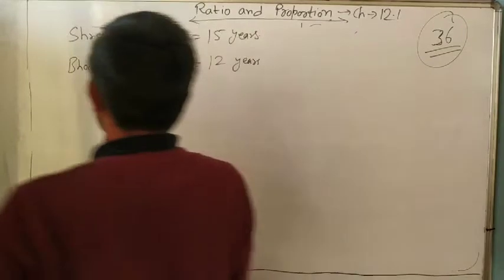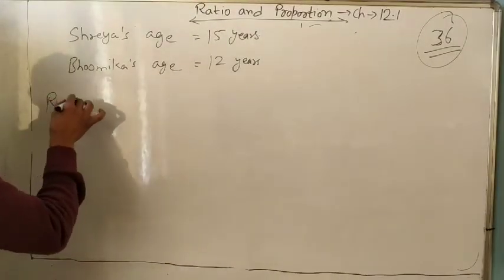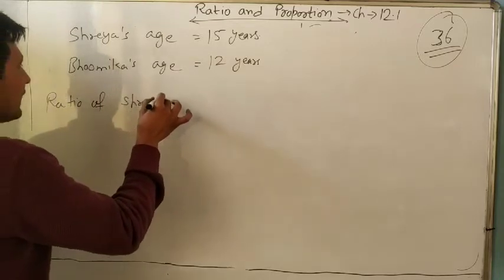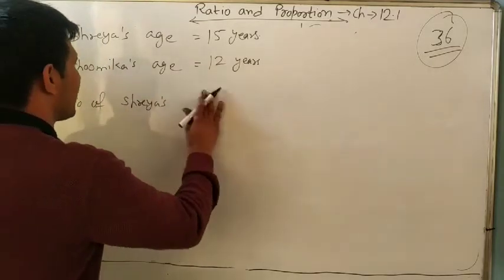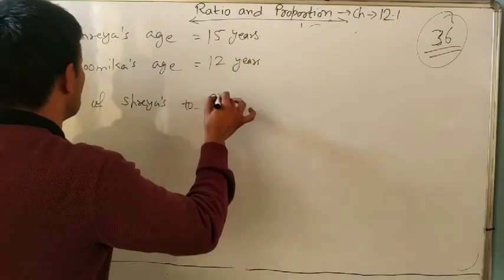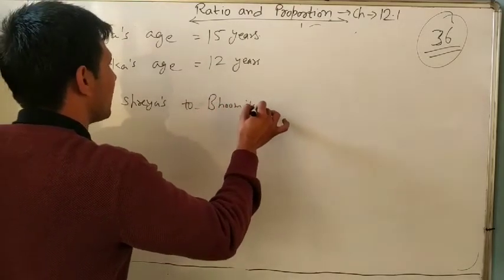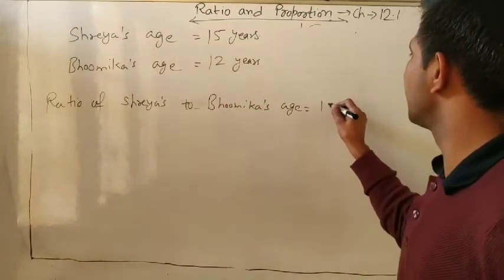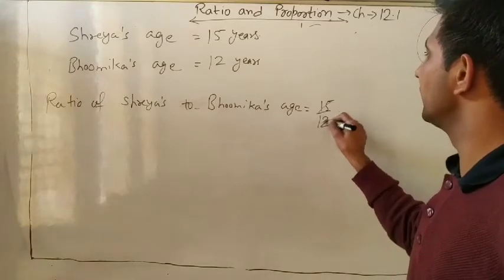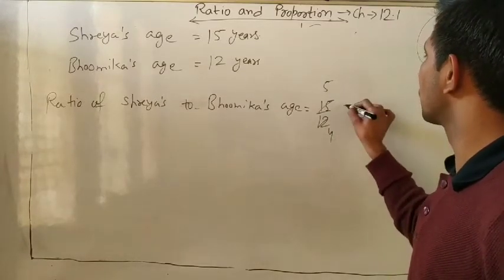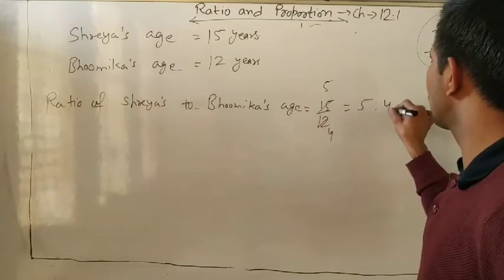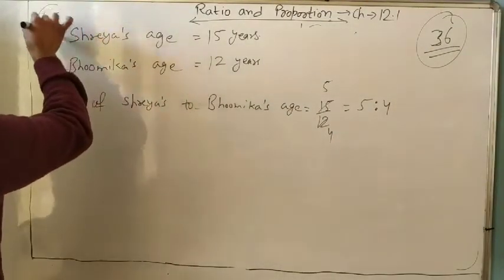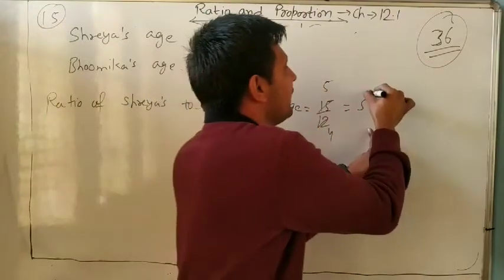So first we find the ratio of Shreya's to Bhumika's age. The ratio is 15 divided by 12. So 3 fives, 3 fours. So it is 5:4.